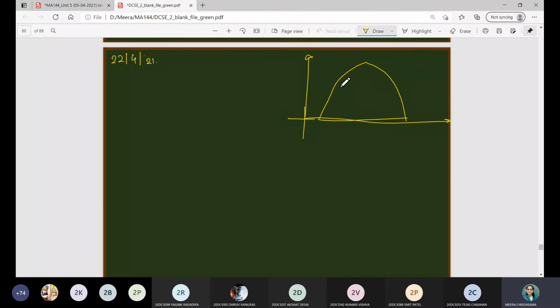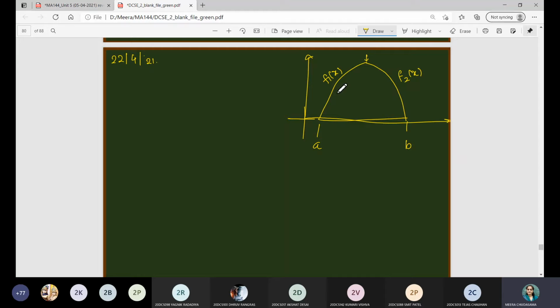For example, in this case, suppose the x variable is varying from a to b, and corresponding to this we have a sharp edge here, and this function is represented by, suppose, f1 of x and this is f2 of x.